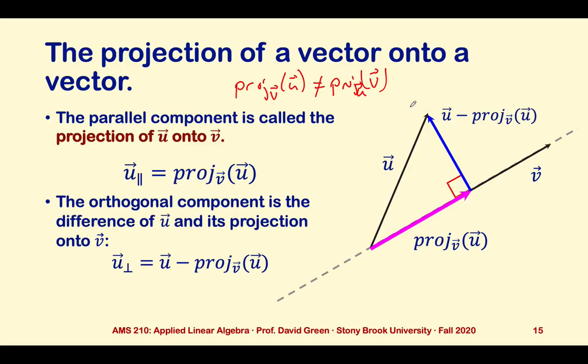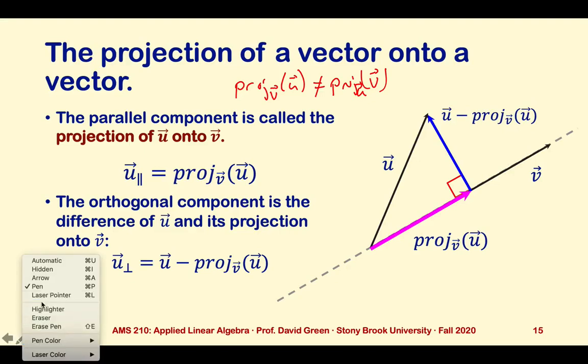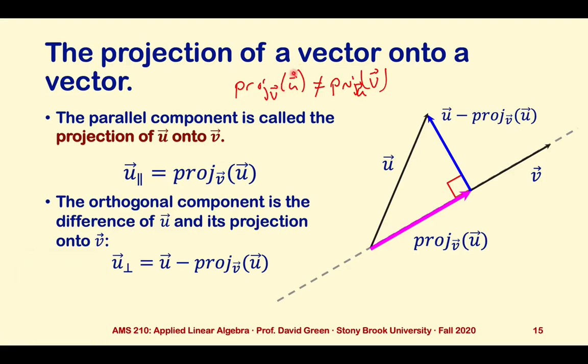And this is perhaps obvious if you just think about the directions of things. The projection of u onto v must be parallel to v. The projection of v onto u must be parallel to u. They point in different directions. We don't typically give a special name to the orthogonal component, but it can be derived from this projection as the difference of u and the projection.